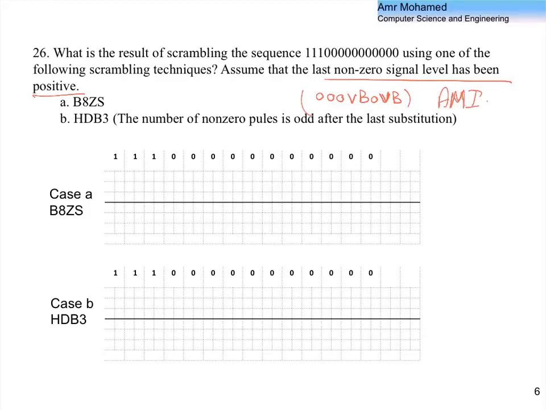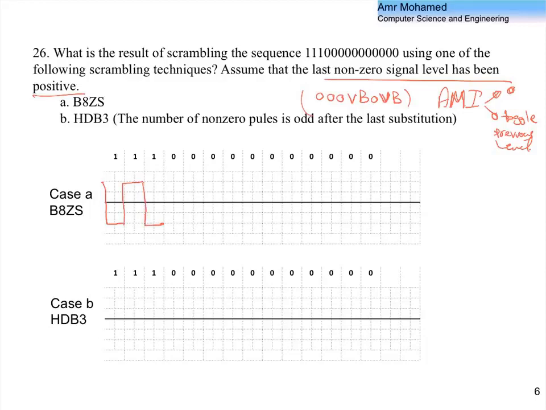So for AMI, the 0 is represented as 0 voltage, and for the 1 we toggle the previous level. So for 1, we started with positive, so we go negative. Then 1 we go positive, then 1 we go negative.